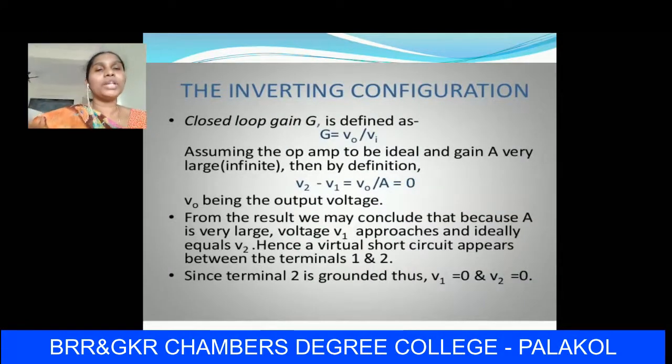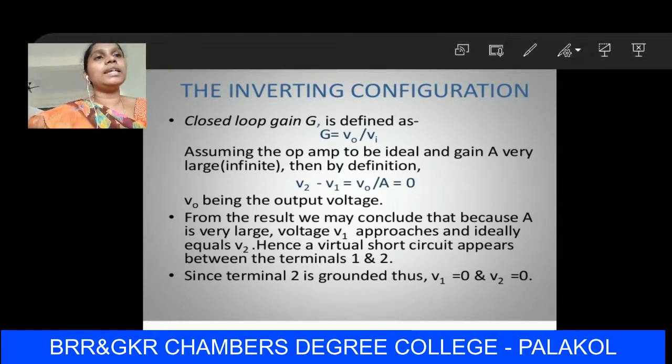Next we will find out the gain of a negative feedback amplifier, or inverting amplifier, or inverting configuration. We already know the gain. What is meant by gain? Gain is nothing but the output voltage V0 divided by Vi.